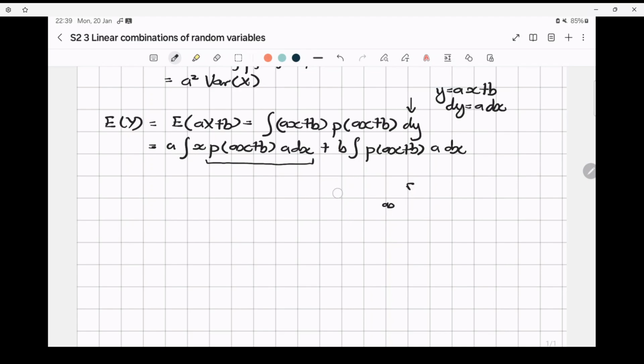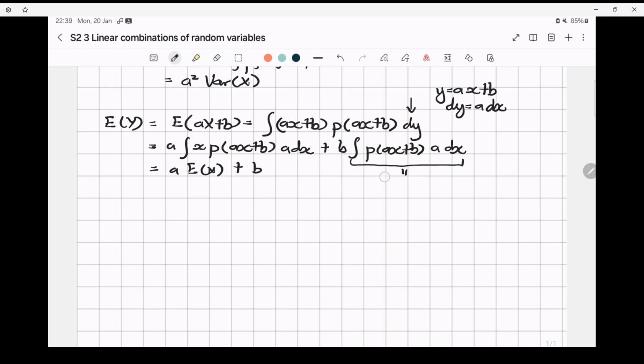So meaning that this whole integration is just your definition of EX. That's why you have aEX plus b. So this will be the same as integrating px dx.